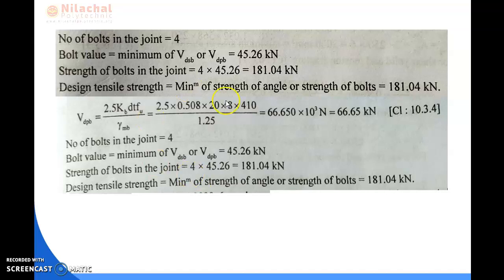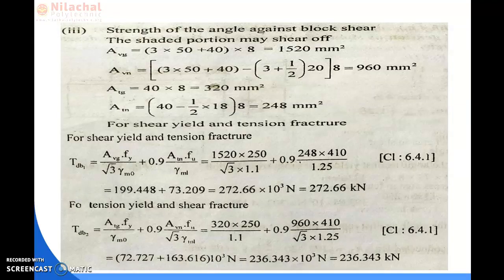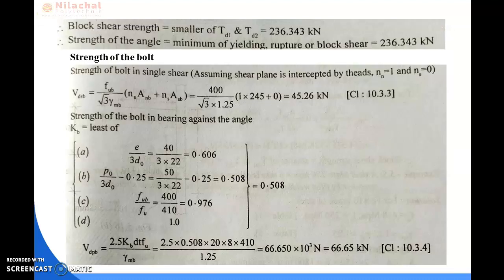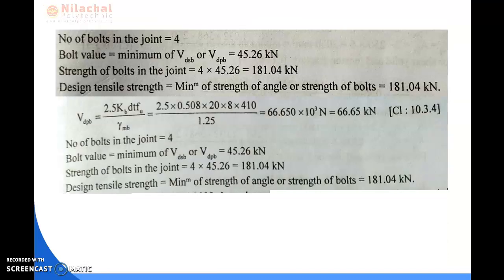So, you can see the strength of bolt we got as 181.04 and the strength of the angle section we found out as 236.343. Hence, the design tensile strength is equal to the minimum of strength in angle and strength in bolt, which is 181.04 kilonewton.